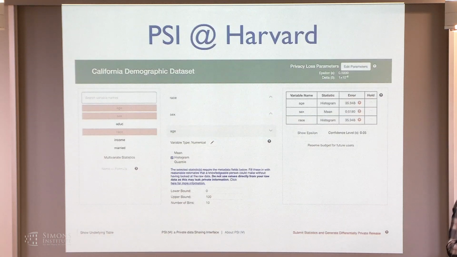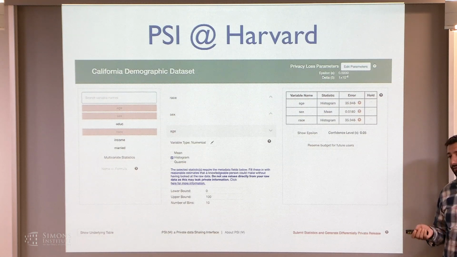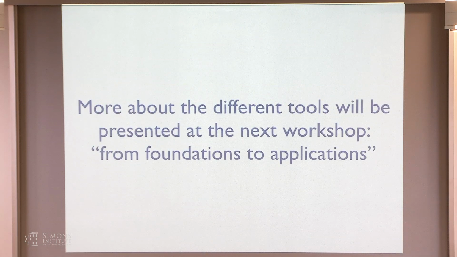The project at Harvard that Salil Vadhan has led also focuses very much on providing information about the accuracy of each analysis, not only a guarantee that they are private. And by the way, we will have more about all these different tools presented at the next workshop, so you can come back for it.